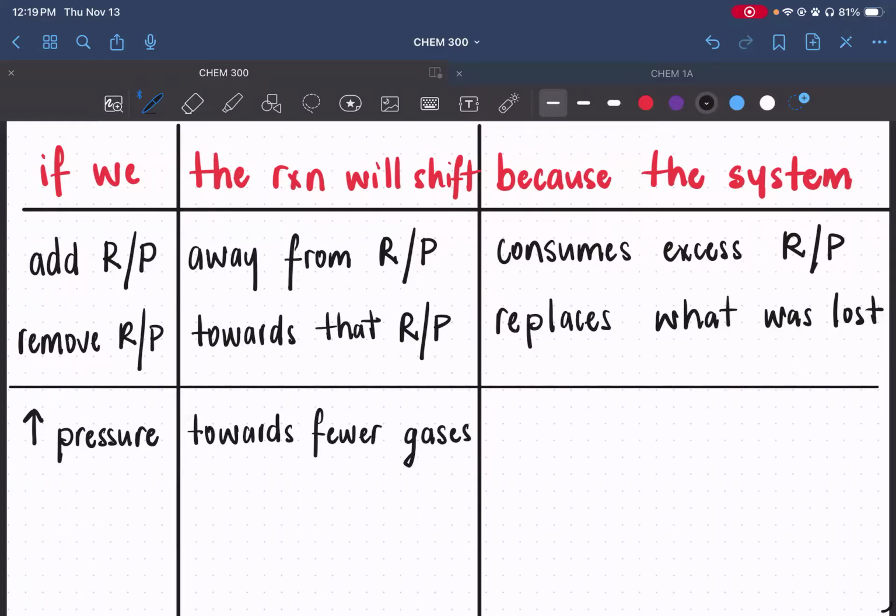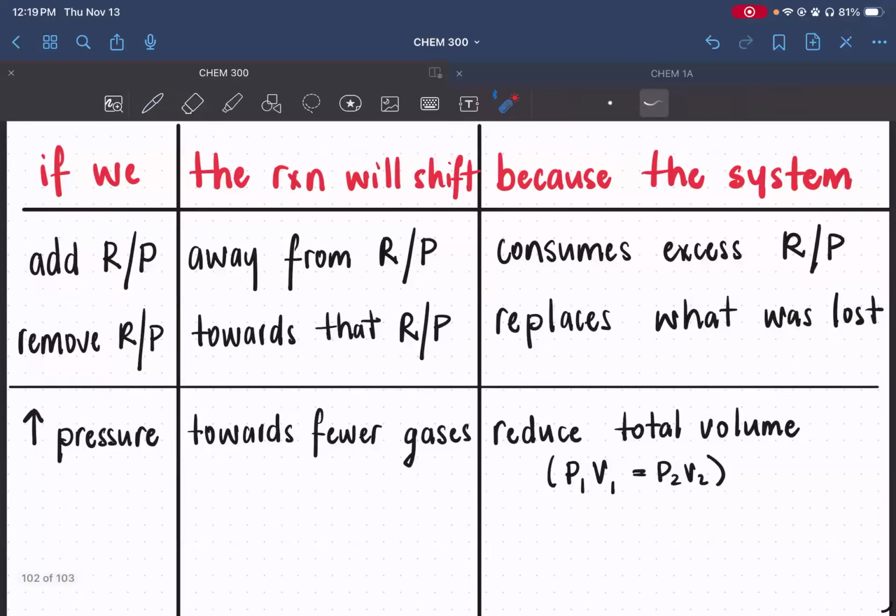The reason it does that is that we reduce the total volume overall. This is based on Boyle's law, P1V1 equals P2V2. Of course, you don't need to know gas laws for this upcoming exam, but you should understand why an increase in pressure would want a decrease in volume.